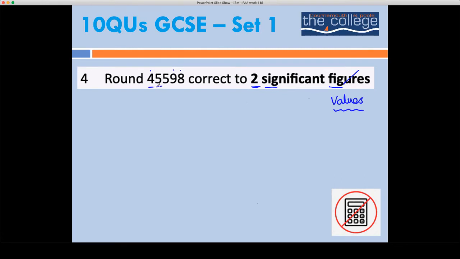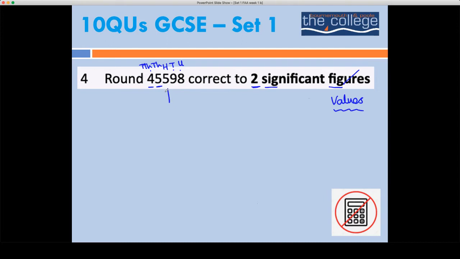So we're looking at the highest value items, the highest value digits, in accordance with their headings. So we've got units, tens, hundreds, thousands, and tens of thousands there. So we'd rather have this £45,000 rather than £98.